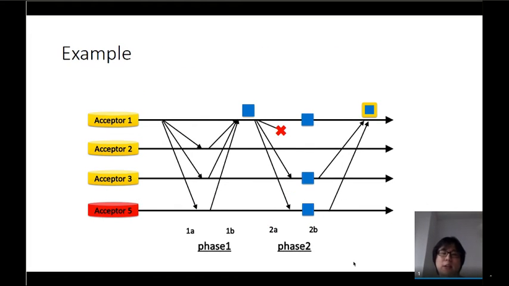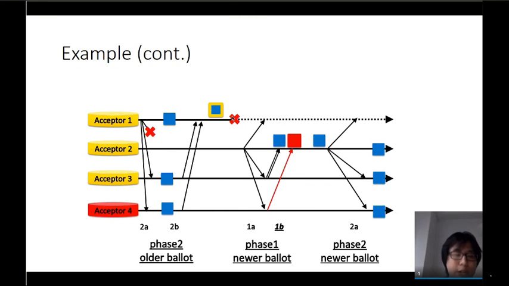So let's look at this example again. Okay, first the setup is the same. Acceptor 1 successfully gets the blue value chosen, and then after that it crashed, and acceptor 2 comes out to redo the two phases, and after it broadcasts the phase 1A message, itself it hasn't voted before, so nothing.